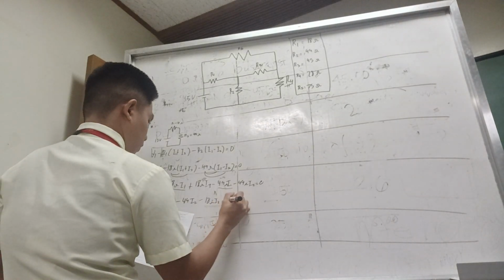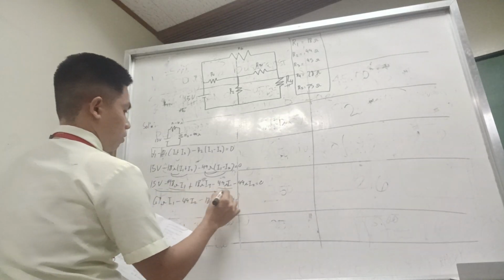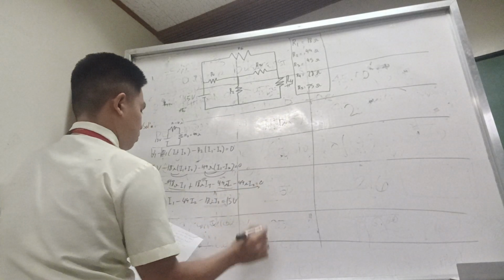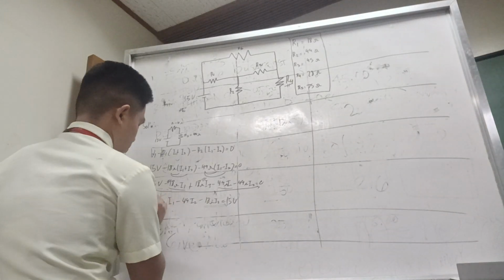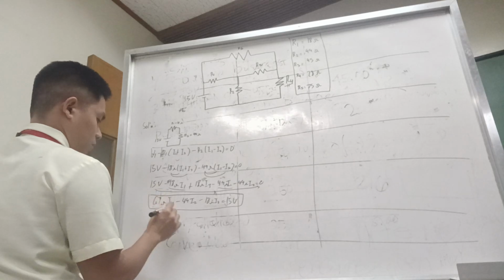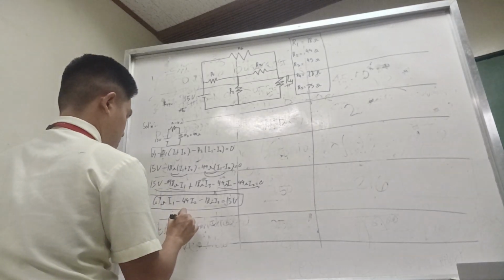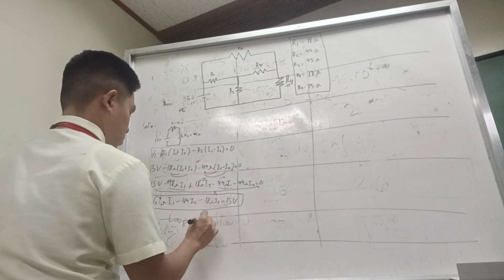It is equal to 15 because we need to put the ohms into this 0. Okay, this is loop number 1.